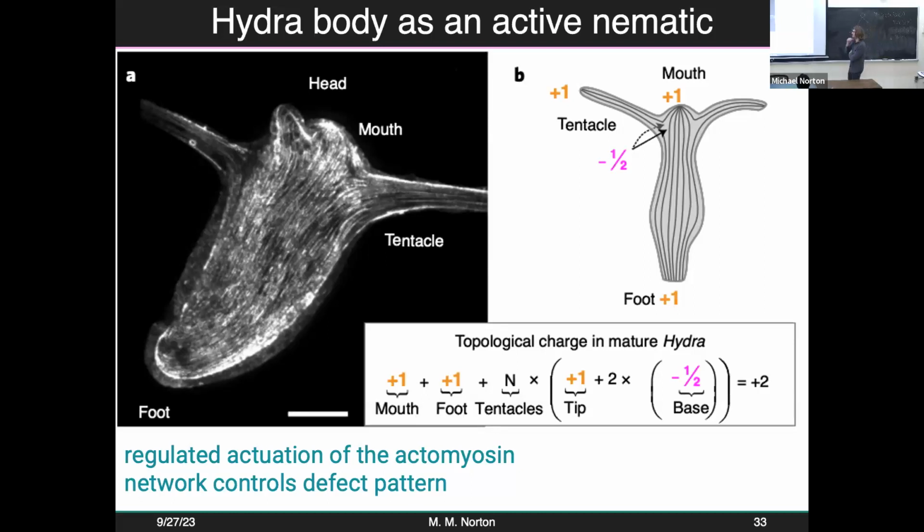And the key features of the hydra organism, the head, mouth, tentacle, and foot, are associated with topological defects in that texture of the actomyosin network. What's been proposed is that these defects are somehow involved in the morphogenesis of hydra.